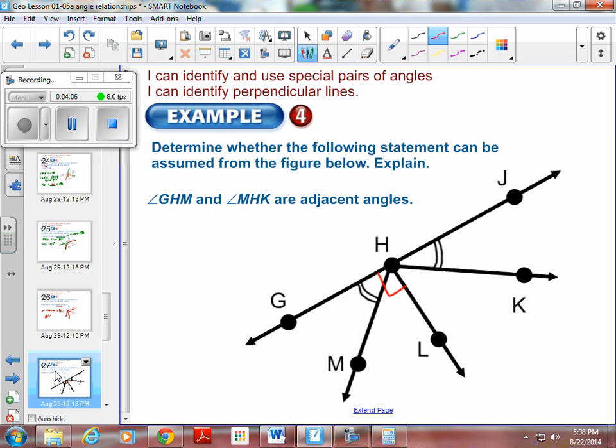Let's look at a different picture. Okay, is GHM, G to H to M, and M to H to K adjacent? Are they adjacent? These would be adjacent. Yes, they have the common vertex of H, and they have a common side.